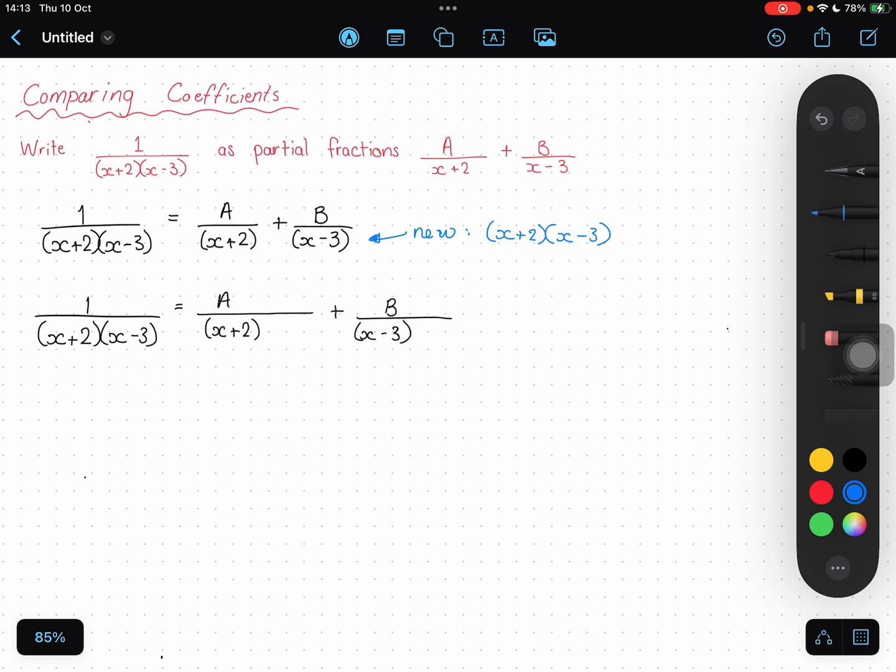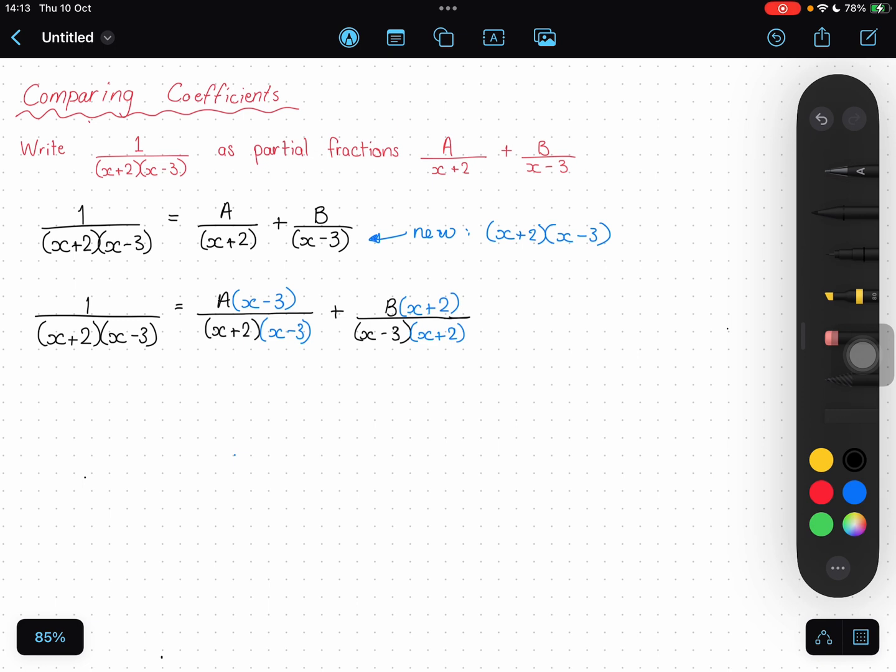So this had to be multiplied by an x minus 3, which means the numerator also has to be multiplied by an x minus 3. And then this here has to be multiplied by an x plus 2, so the numerator also has to be multiplied by x plus 2.